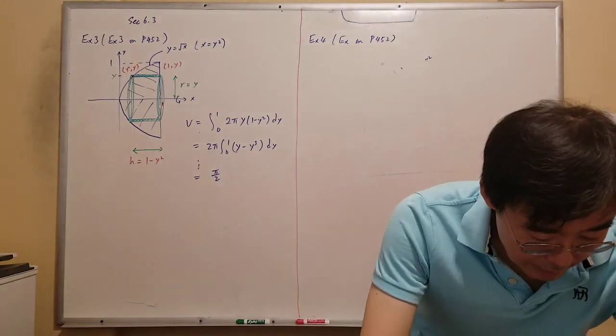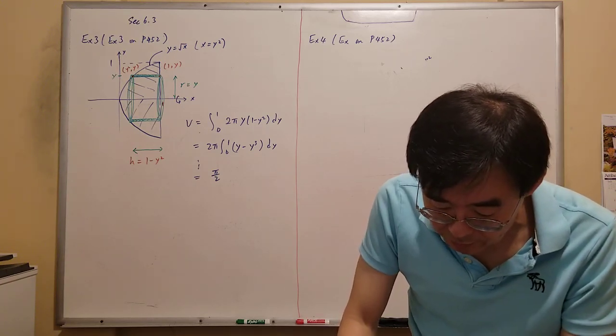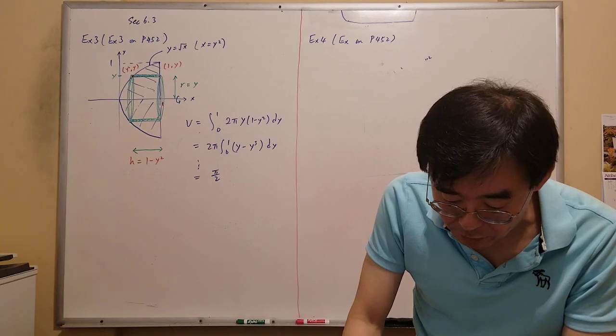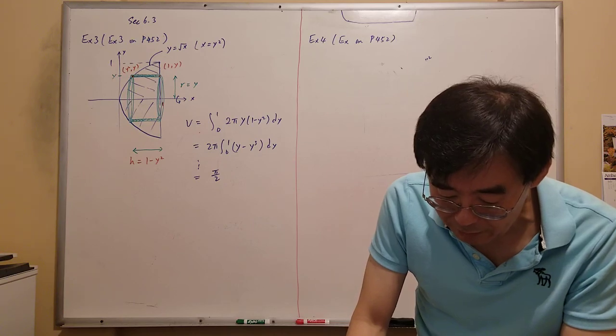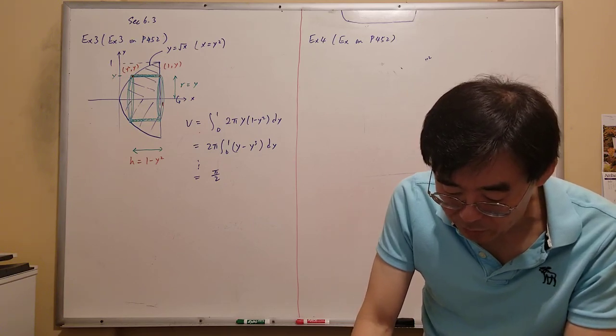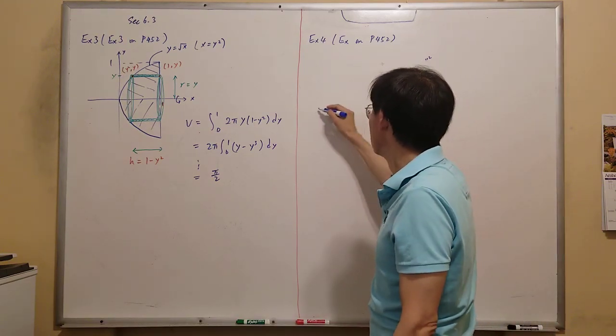Okay? So this is: find the volume of the solid obtained by rotating the region bounded by y equals x minus x squared, y equals 0, about the line x equals 2.